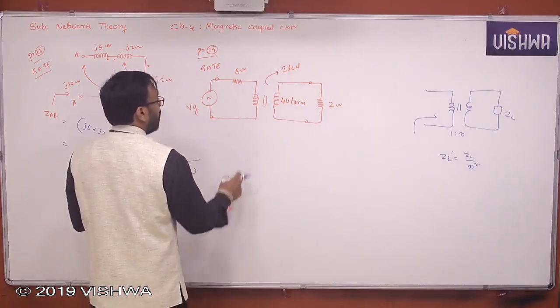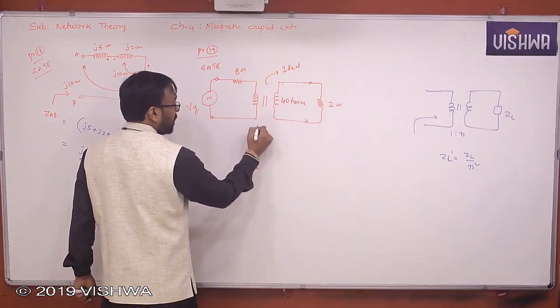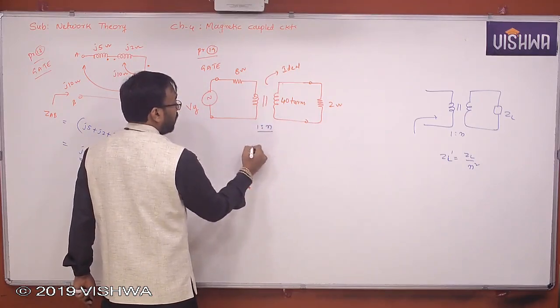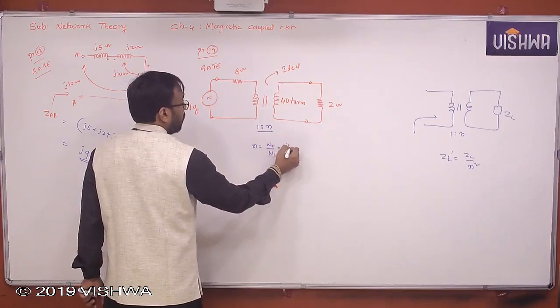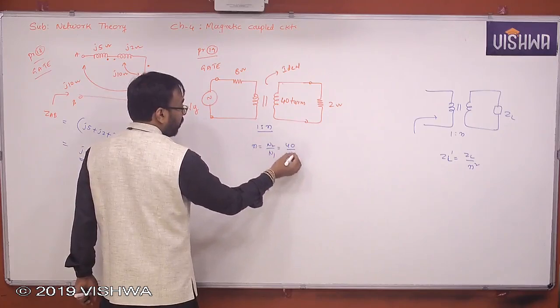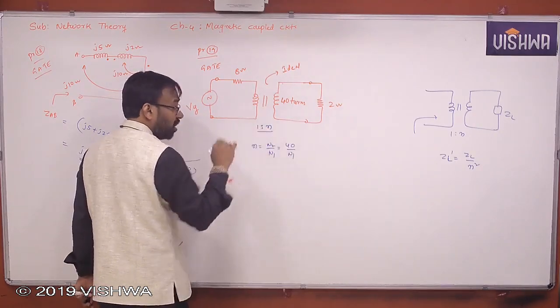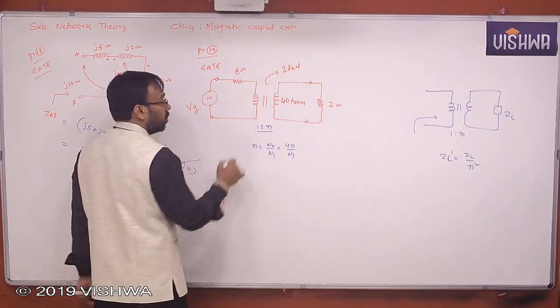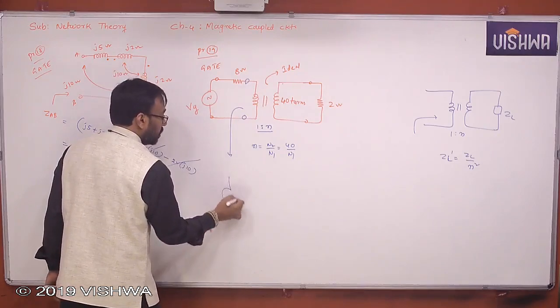Now here also number of turns is asked of the primary. That means 1 is to N, but N is N2 by N1. Already N2 was given, 40 by N1. So N is a function of N1, but Z_L is a function of N or not? Yes or no? So when you refer to primary with respect to these two terminals, what will you get?